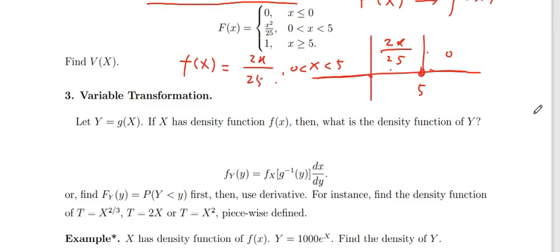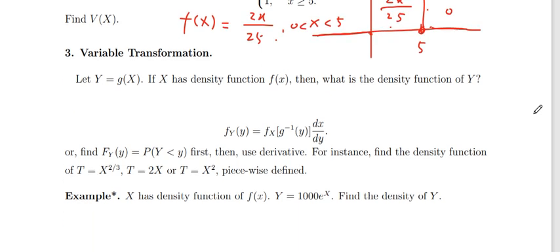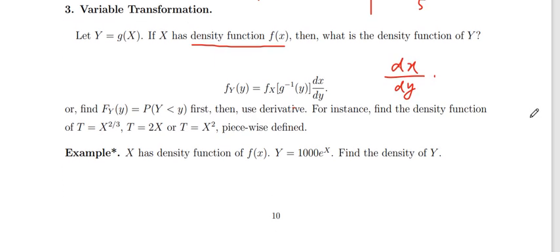So for variable transformation, the idea is that for this density function we replace x by y, and then you should multiply dx over dy. For such a problem, it's actually easy.